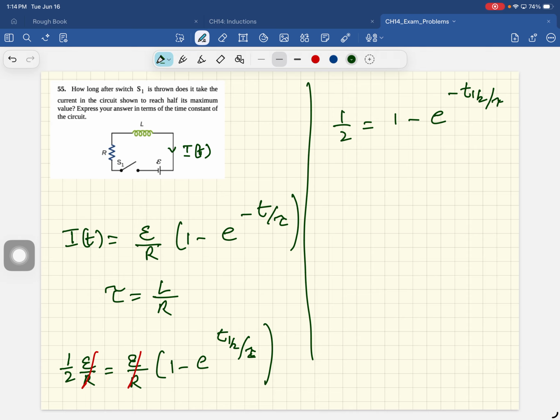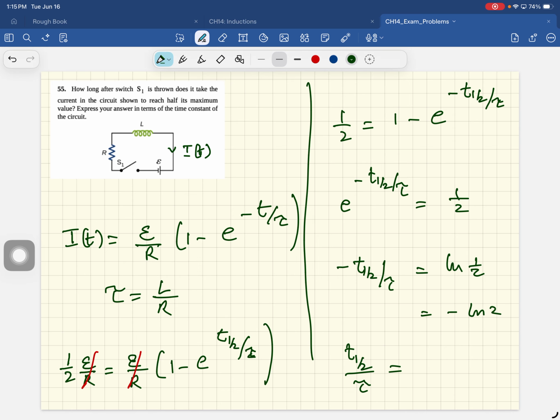What is the self-inductance of an LC circuit that oscillates at 60 Hertz when the capacitance is 10 microfarads? So this is an oscillator circuit, and omega is equal to 1 over root of LC. Omega is 2 pi f, and this is given to be 60 hertz. Okay.